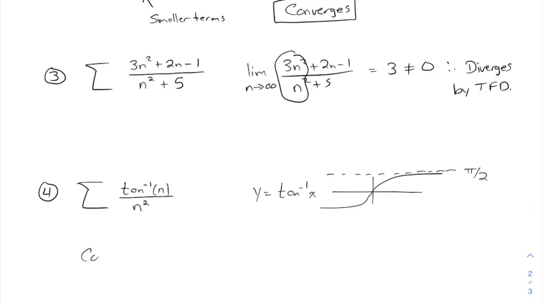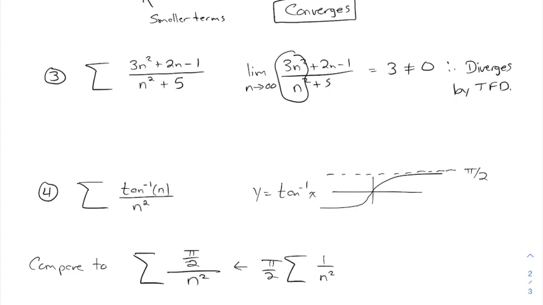So we compare this to the sum of pi over 2 over n squared. And this right here, if you want to, you can pull the pi over 2 out front, but it's not really necessary. But this thing converges. It's a convergent p-series.